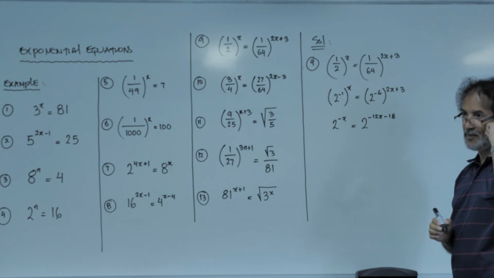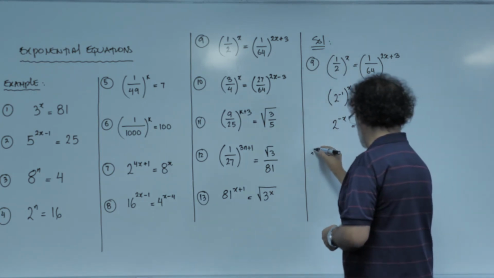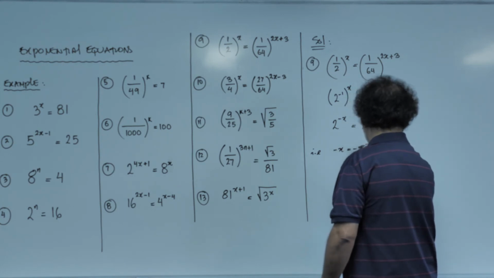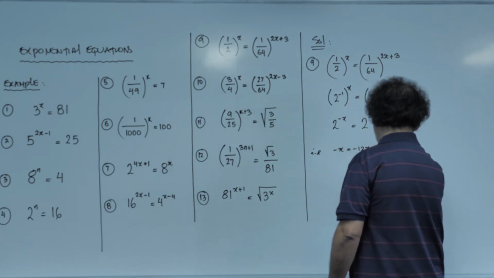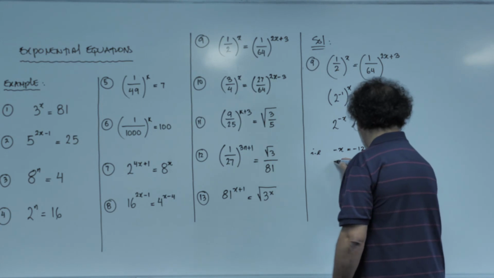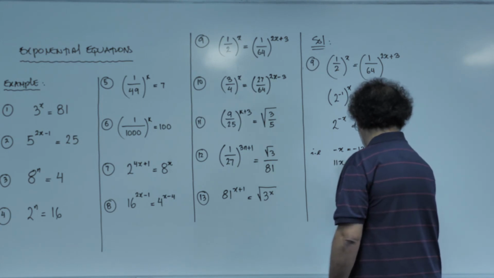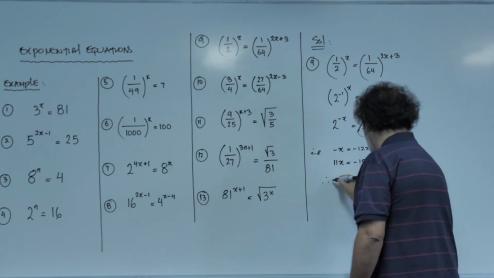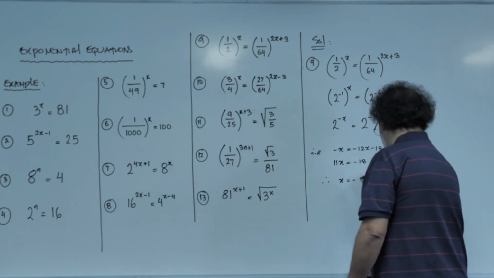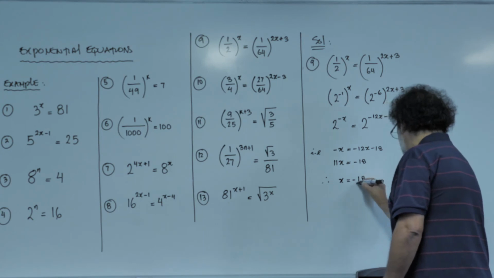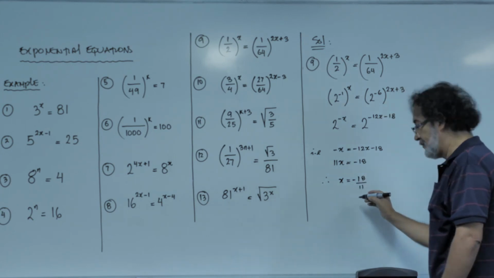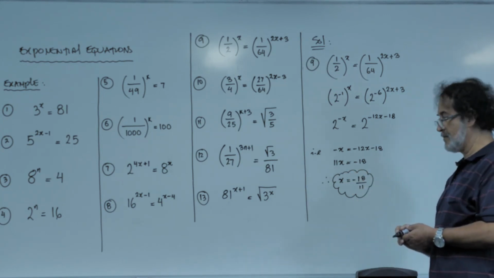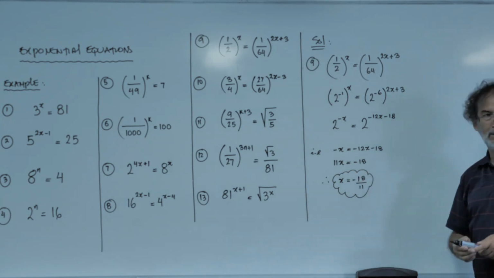Right? And then we equate the powers. So we're going to have minus x is equal to negative 12x minus 18. So then we're going to have 11x is equal to negative 18. So therefore, x is equal to negative 18 divided by 11. And then you bubble the answer. Wasn't too hard. Okay, and that's it.